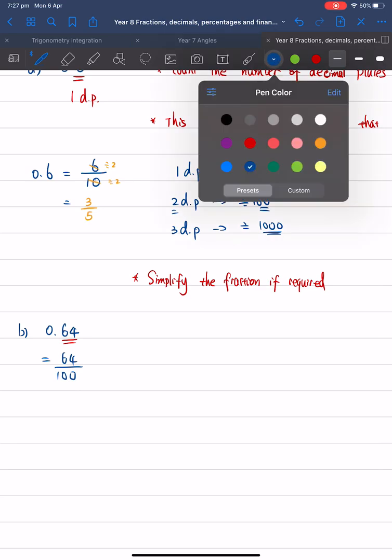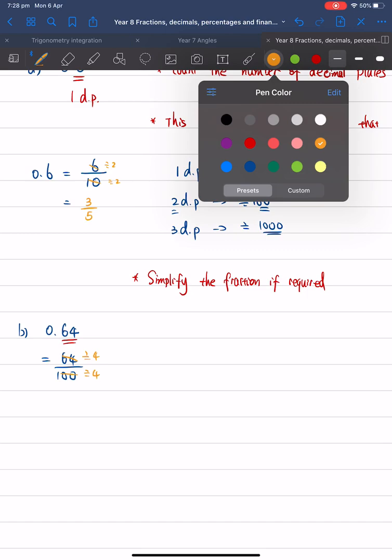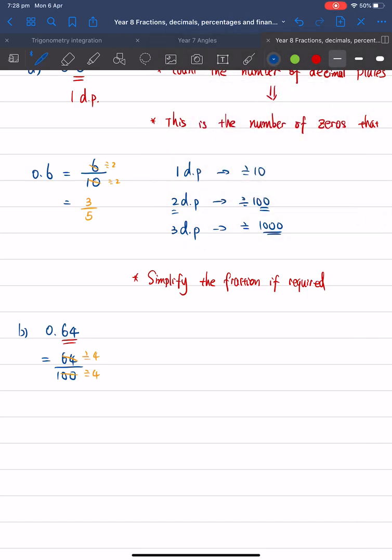Hopefully you can find the highest common factor between 64 and 100, which is 4. You can try dividing by 2 first, and then divide by 2 again. So 64 divided by 4 is 16, and 100 divided by 4 is 25. That gives you the answer for the second example.